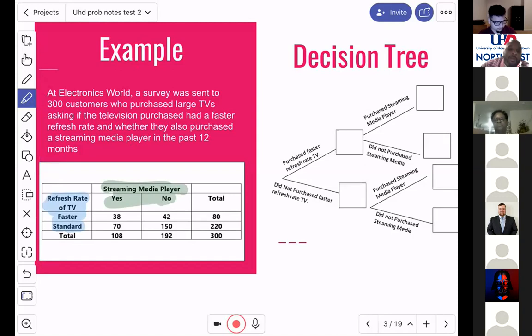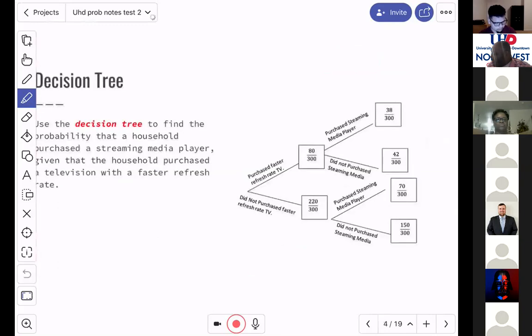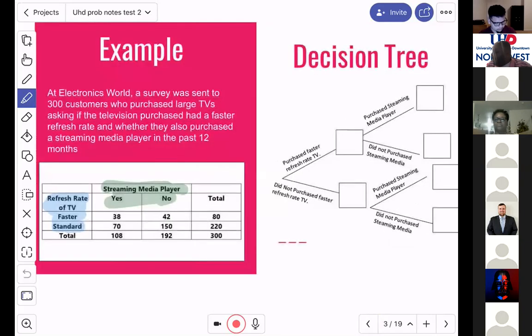Here's the problem. It says that Electronics World sent a survey to 300 customers who purchased large TVs, asking if the television, whatever. What I want to do is take this table right here and put it on this tree.